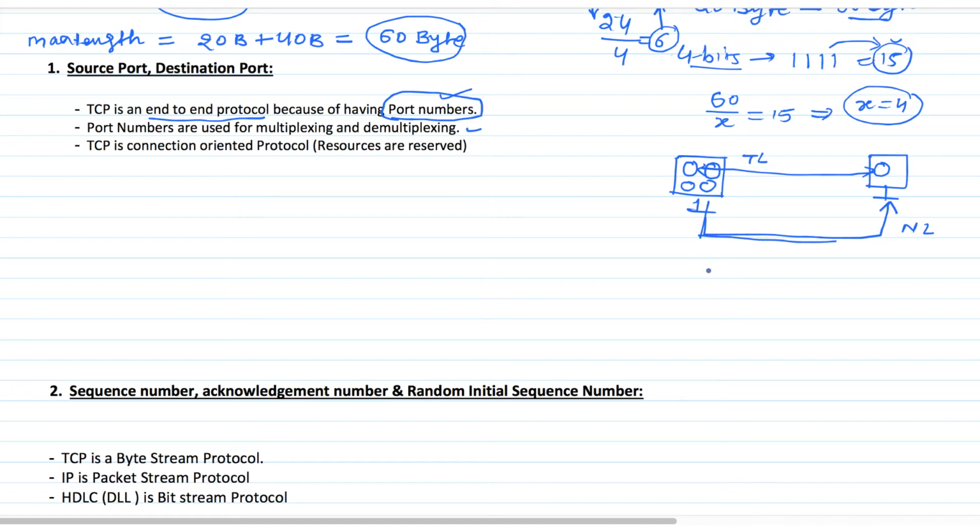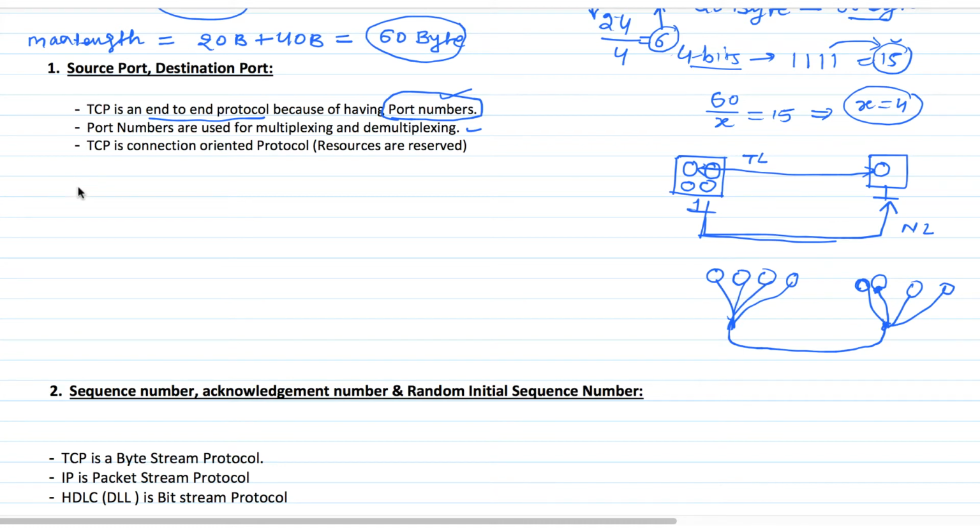By using port numbers, these multiple processes connect to a common shared channel, and at the receiving end, again by using port numbers, it provides end-to-end or process-to-process delivery. So a port number is a number used to identify processes running simultaneously on a single host or machine.